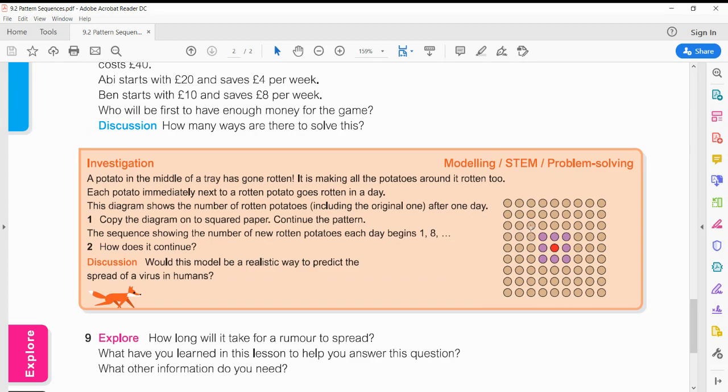Okay, and then after that, it's going to be 1, 2, 3, 4, 5, 6, 7, 8, 9, 10, 11, 12, 13, 14, 15, 16, 17, 18, 19, 20, 21, 22, 23, 24, 25. Okay, so it's going up a lot each time.